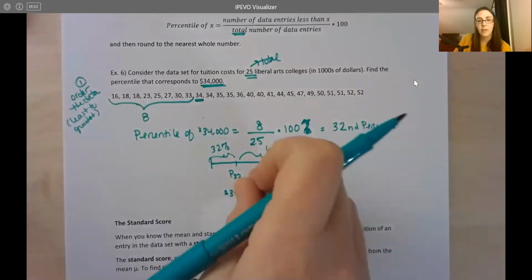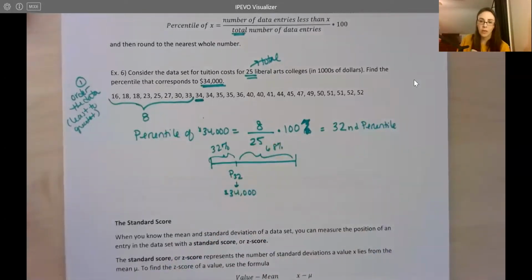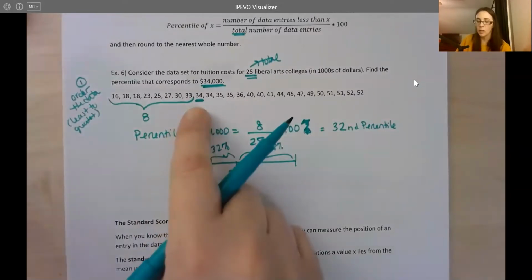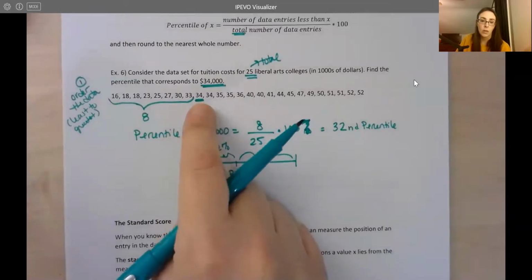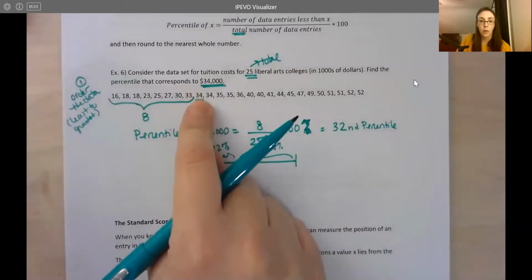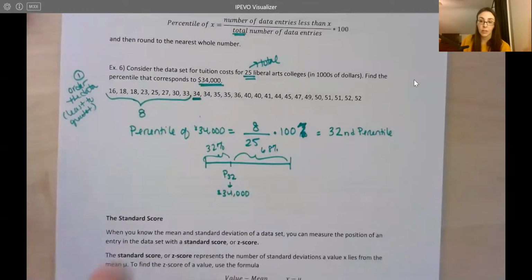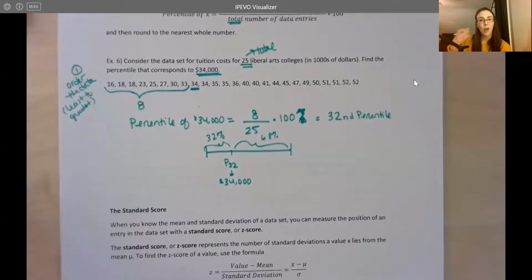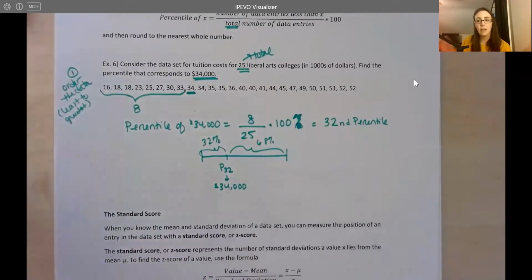Now, again, this is one way to find a percentile. Just like with quartiles, there actually are numerous ways that you can calculate them, depending on if you want to include or exclude end values. So here we're not including the end value of 34. If we did, we get a very different answer. So again, on technology and things like that, you can do these in Excel as well. I'm not going to go through that because I think they're pretty fast to calculate by hand.